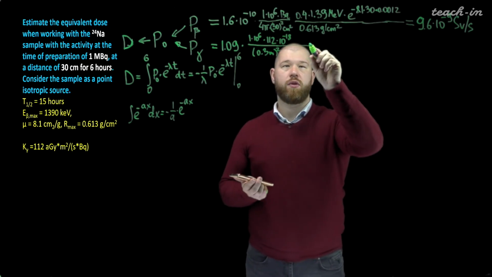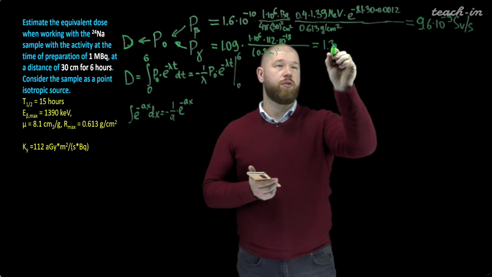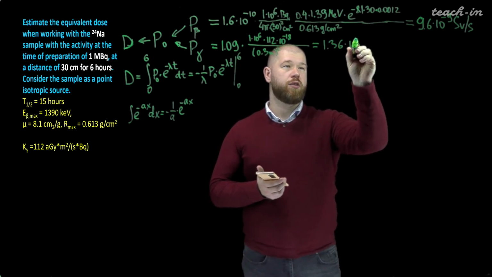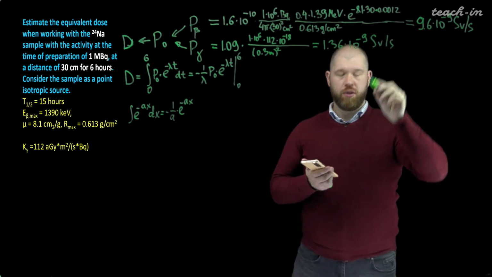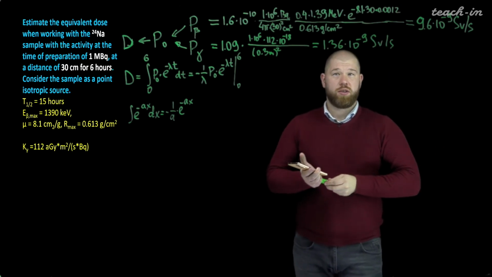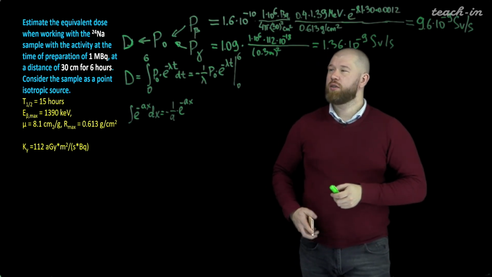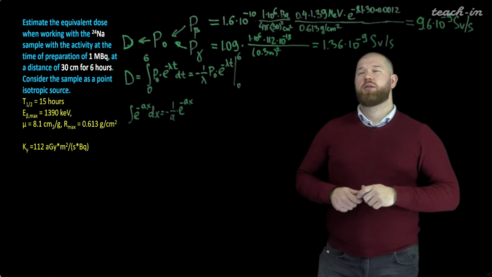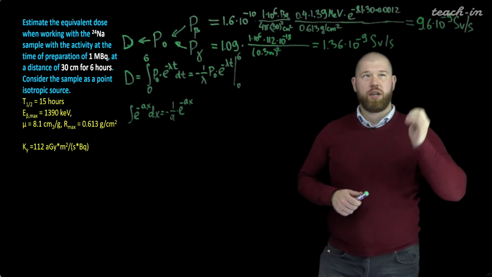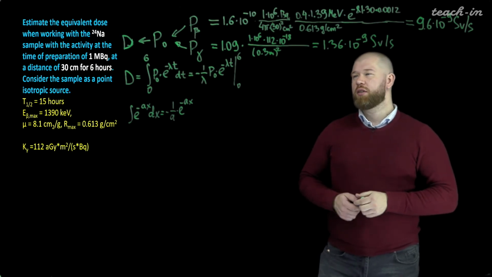So 0.36 times 10 to minus 9 sieverts per second. You can see that in this case, at short distances of 30 centimeters, we will get the highest dose rate from the beta particles and not from the gamma quanta.